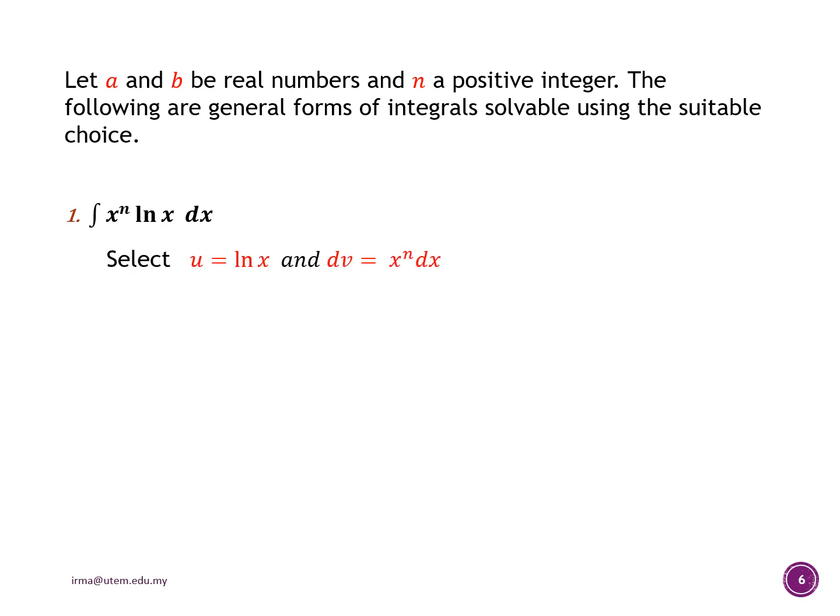You can select u as ln x and dv as x to the power of n. This is the choice of u and dv. Remember the formula just now: u dv equals uv minus integration of v du. This part is from the question, so you need to choose the proper u and also dv.